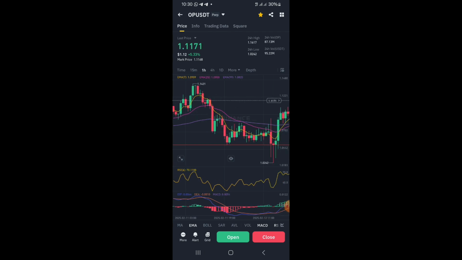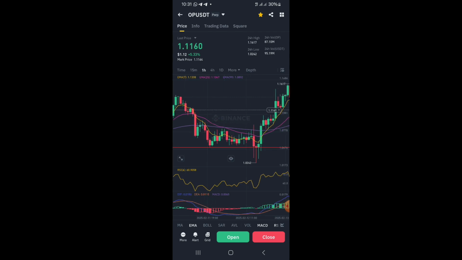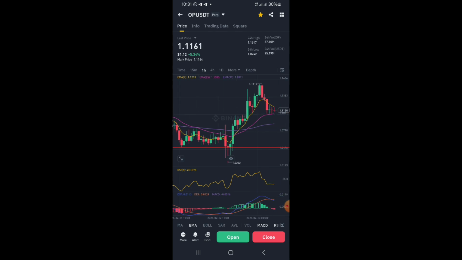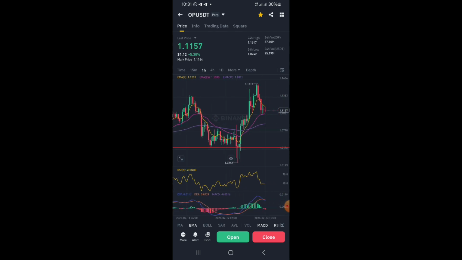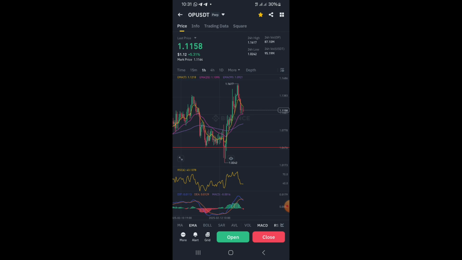And then what happened here? It crosses below this EMA25. And then the market went bearish from this place to this place too. It even crossed below the support line, which I drew here. So that is the easiest way for you to use EMA25.